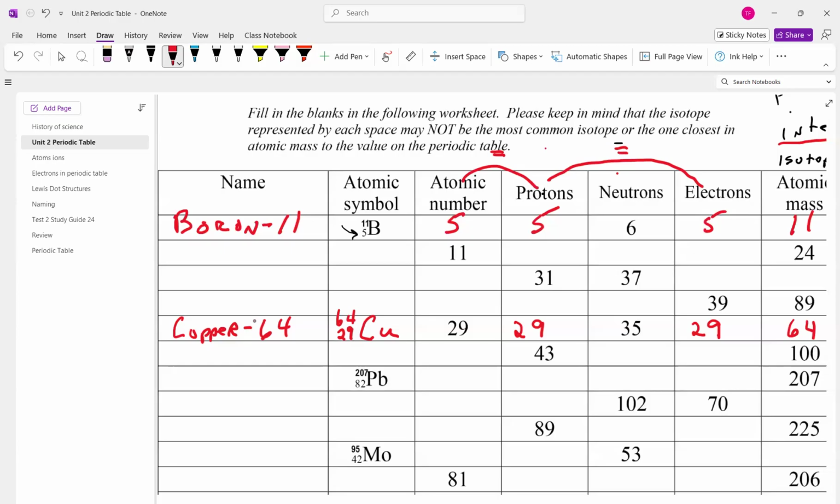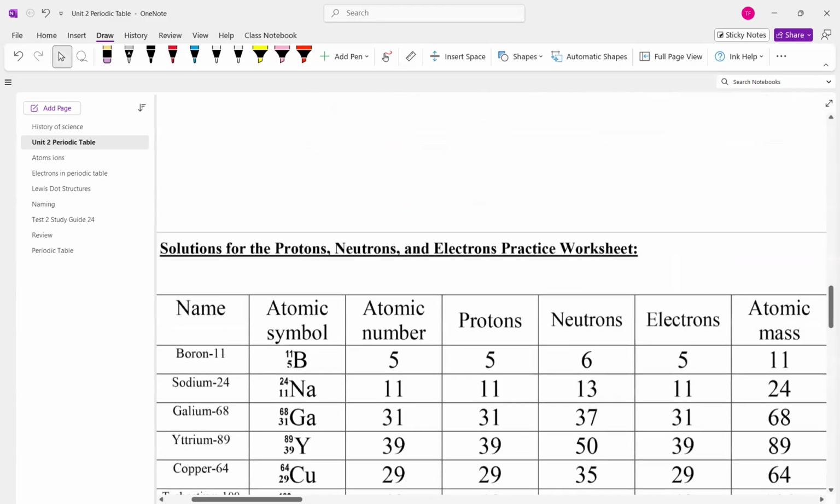Okay, so let's jump into ions now. Okay, so we have a very similar looking table for ions.